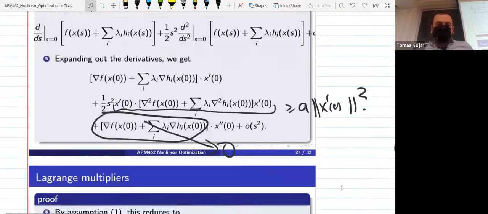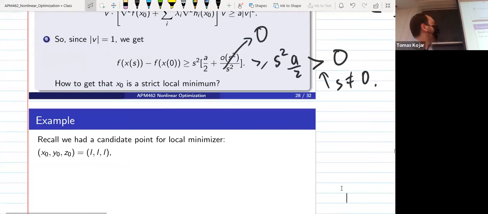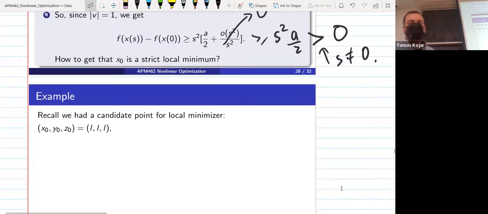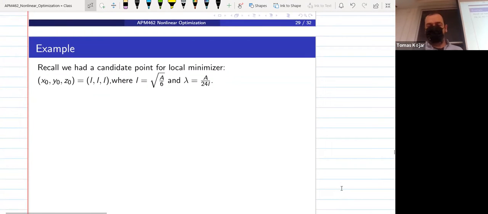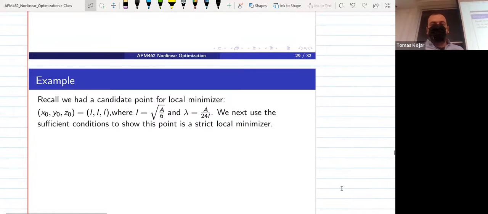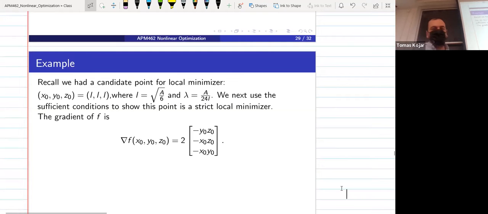All right. So we had a minimizer, namely the cube with length equal to square root of A over 6. And lambda was the Lagrange multiplier. So now we have to show that this is indeed a minimizer. We already found the gradient.